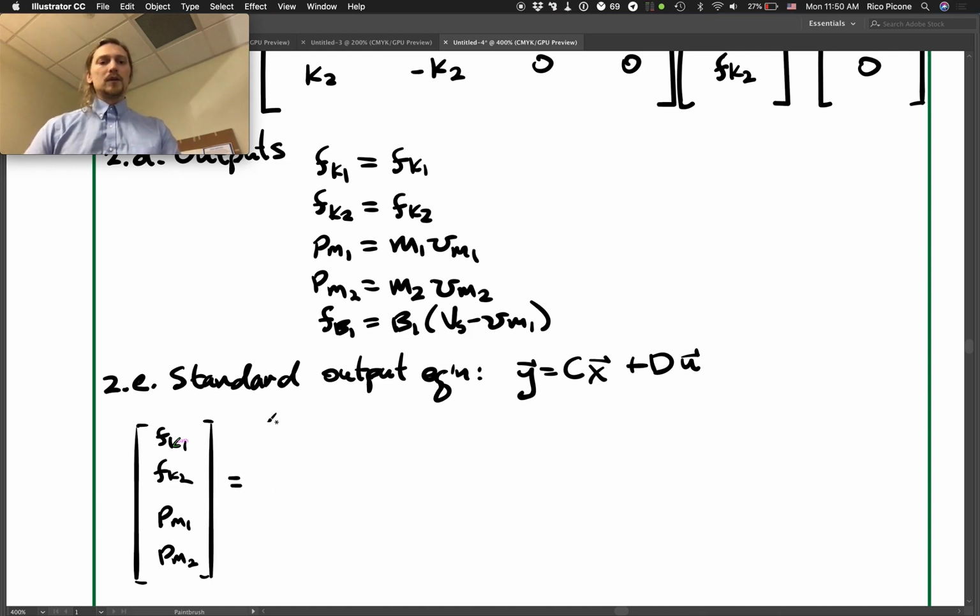And that's equal to the C matrix. It has to have 4 on this dimension because it has to return a 4 vector, right? And it operates on a 4 vector, the state vector, so it has to be a 4 by 4.